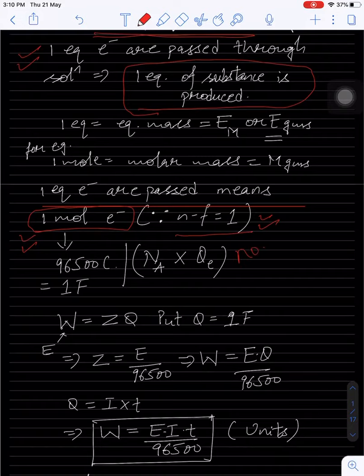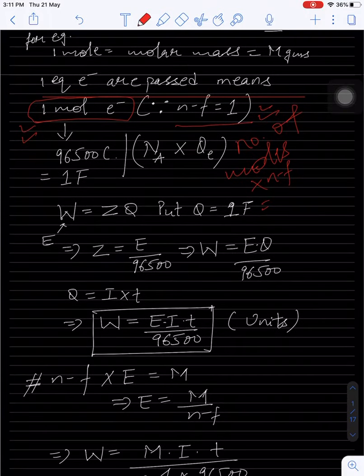Number of moles multiplied by n factor equals number of equivalents. So if n factor is equal to 1, it means number of moles equals number of equivalents.